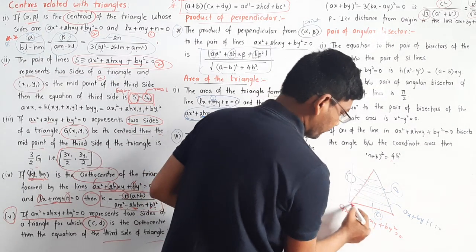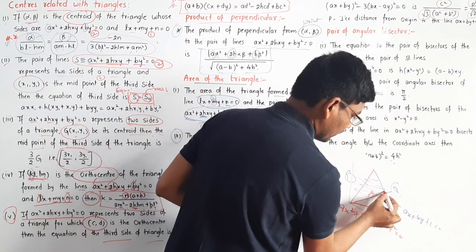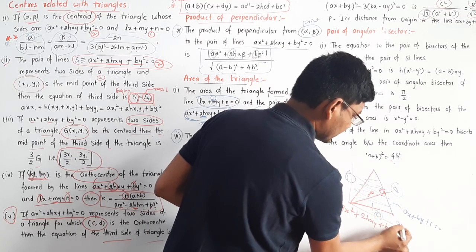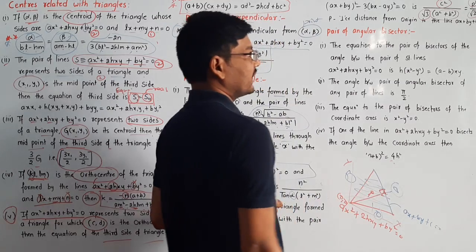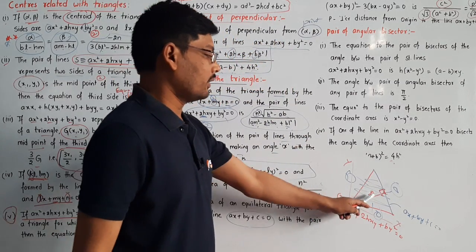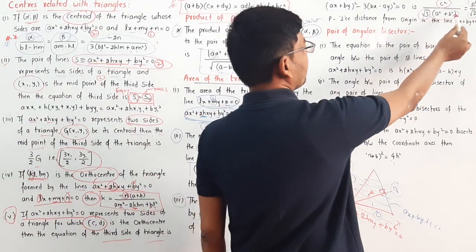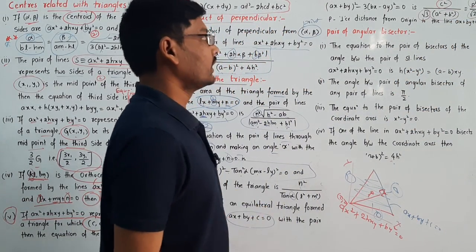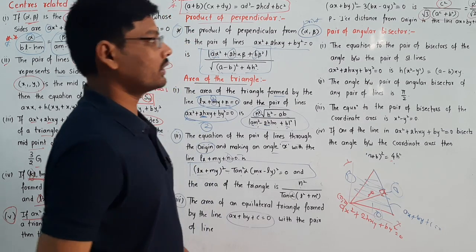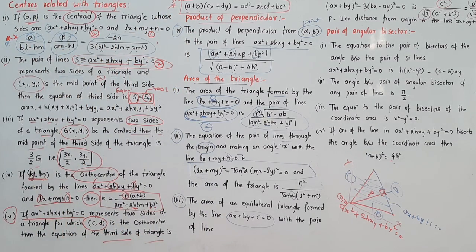This is the origin, this is the x axis, this is the y axis, and the perpendicular distance from the origin 0 to the third side gives p. If you substitute the p, c, a and b values directly, you can find the area of the triangle. This is all about the topic of area of the triangle.